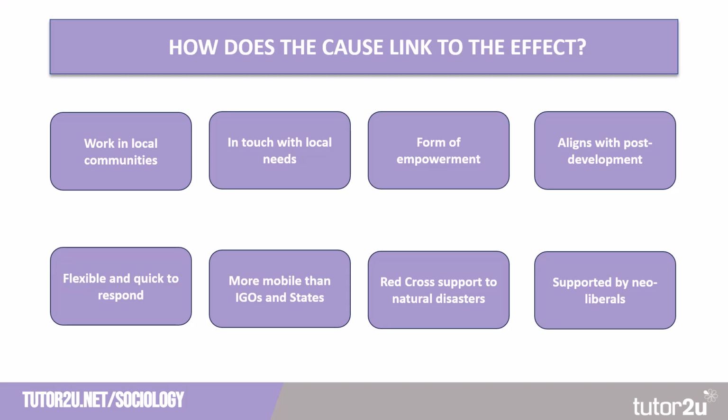And we can then back that up by supporting it from a neoliberal viewpoint, how they believe that the third sector, or NGOs, are really important to reduce state spending and to actually provide direct and targeted assistance towards certain communities, and this helps the process of development.